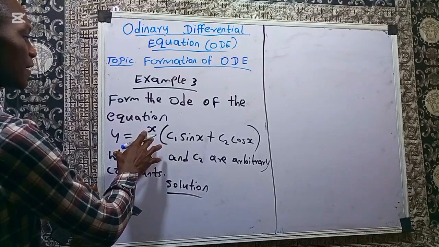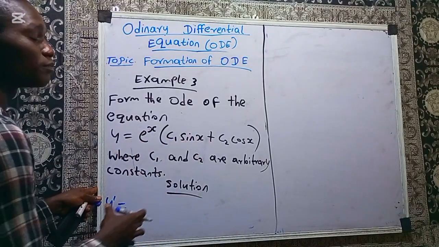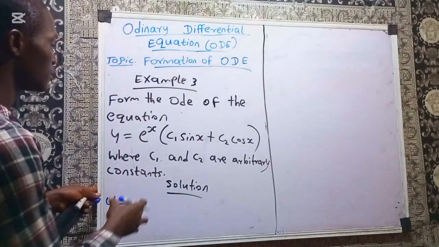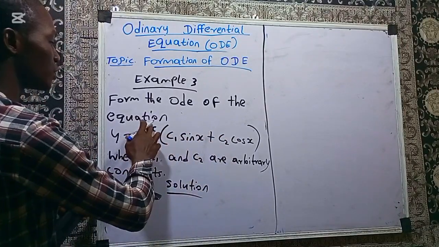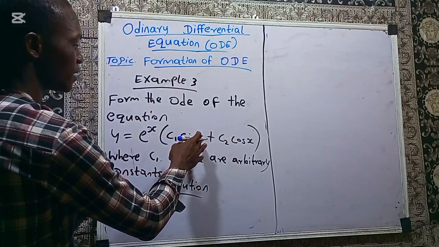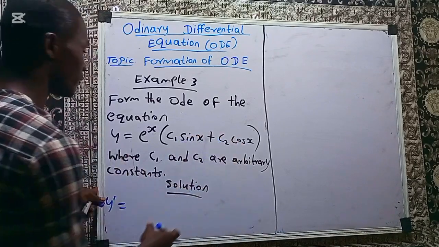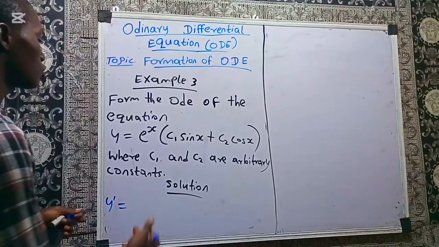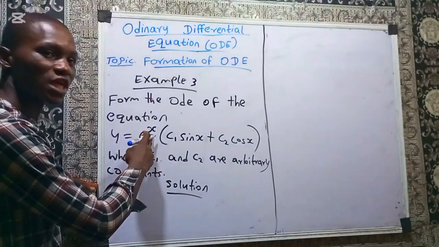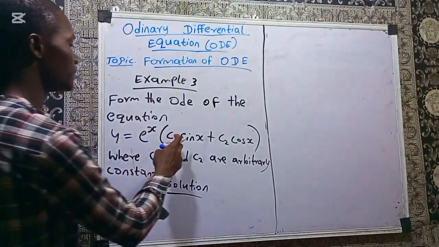You know, this is a product of the exponential and the sum of sine and cosine functions, right? So we are going to use what? Product rule. We differentiate the exponential and keep this.